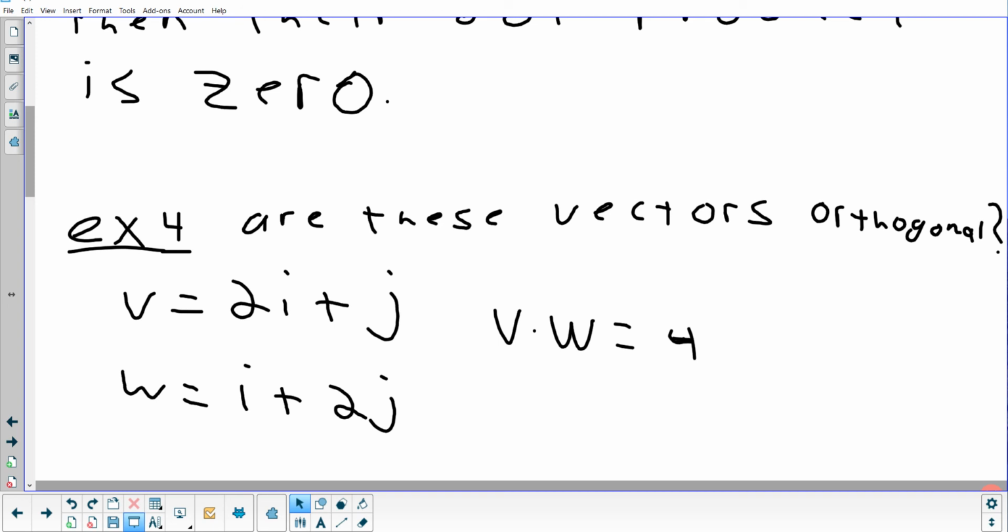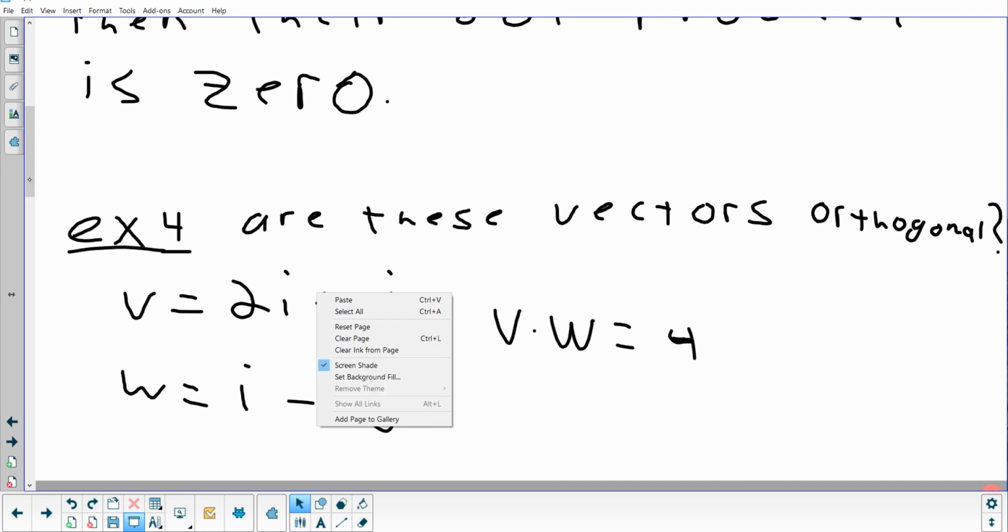Can somebody tell me one thing that you could change to make these vectors orthogonal? You can only pick one thing to change. Yeah, -2, the bottom one. If you made the bottom one a -2, now you would have 2 times 1 and 1 times -2.